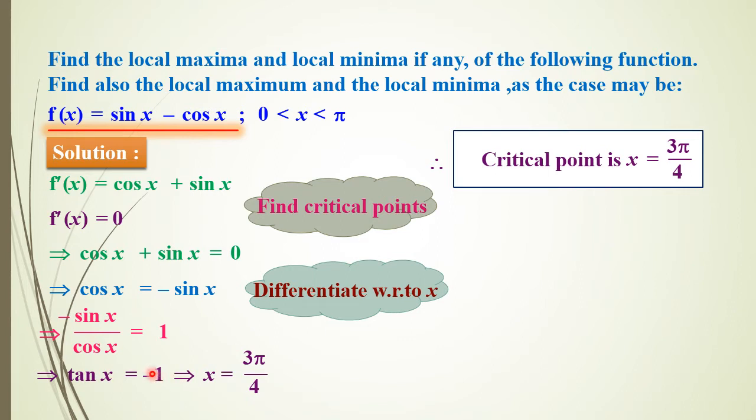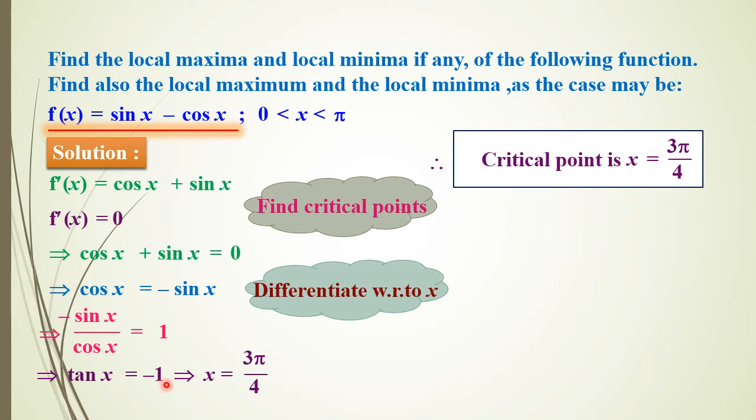Now you find out the principal values of this trigonometric function. tan x equal to minus 1. So x is equal to tan inverse of minus 1. Negative values should not be considered because it is not lying between 0 to pi.